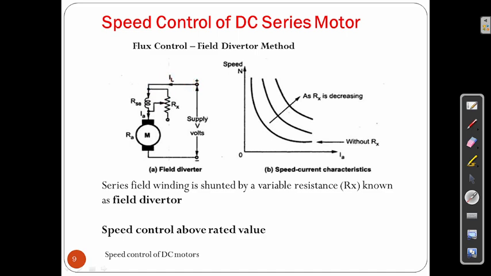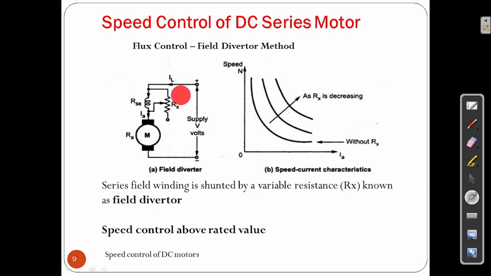If you give the power supply to this circuit, the current IL flows in this winding and also in the RX winding. The series field winding is shunted by the variable resistance RX, known as the field divider.